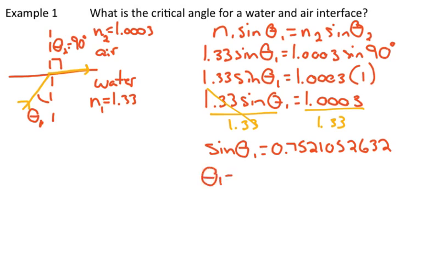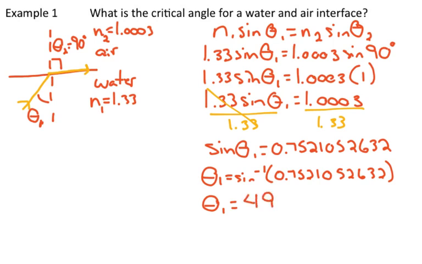To get theta 1 now, we have to do the inverse sine, the arc sine of 0.7521052632. And as usual with angles, we go to a whole number, we push that into the calculator, and we get that the critical angle is 49 degrees.